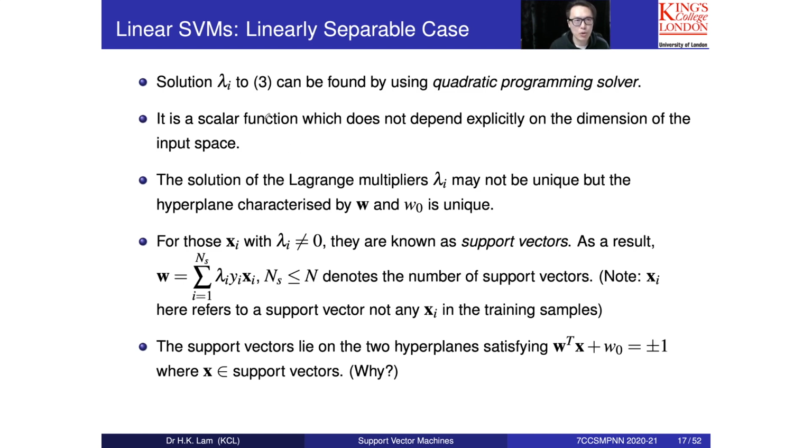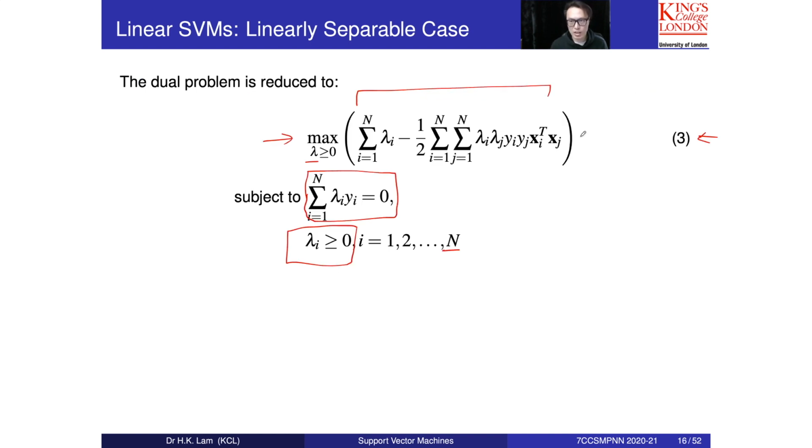The observation is that for the solution lambda I to 3, we can use a quadratic programming solver, because that is the quadratic program we formed. Any standard quadratic programming solver can be used to find the solution of lambda, if we turn it into a computer program.